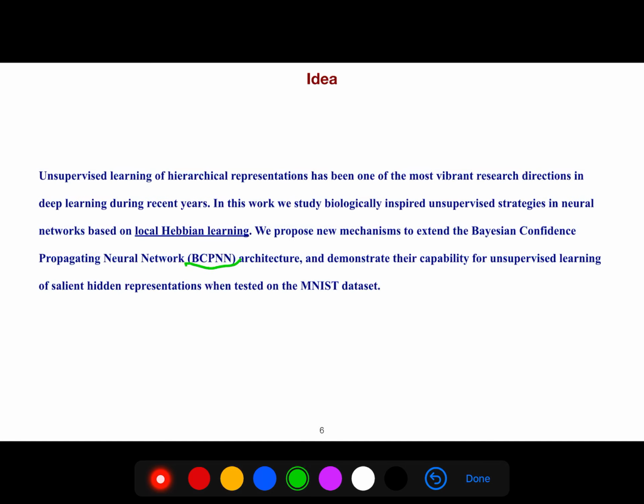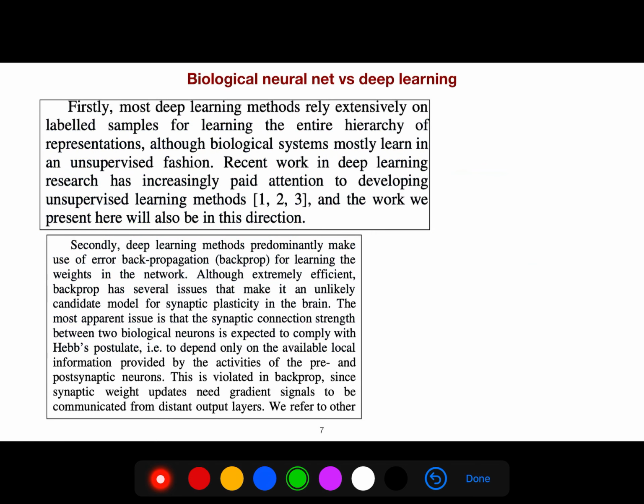I explained it in previous lectures, and you already know what it's about, but we just reviewed another paper, which is common. Around 70% of it is common with what I've said in previous lectures, and demonstrate their capability of unsupervised learning of salient hidden representation when tested on MNIST datasets.